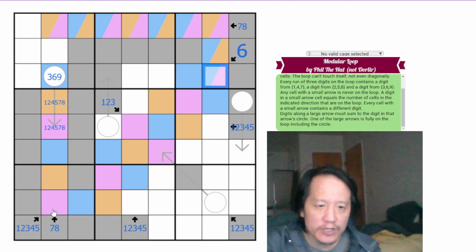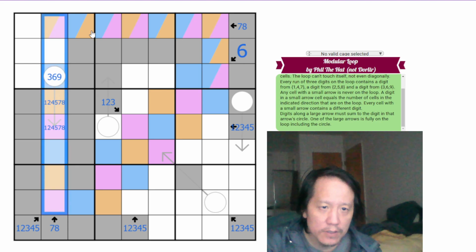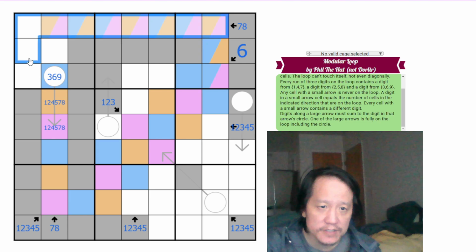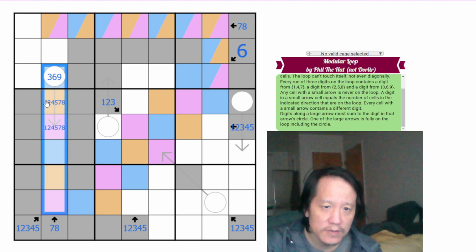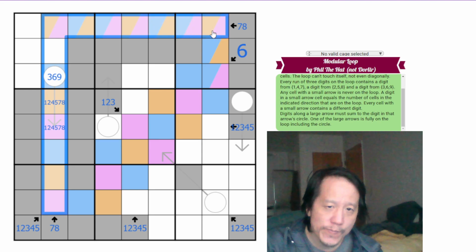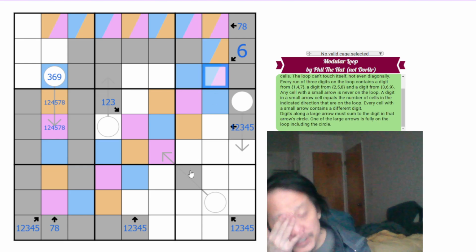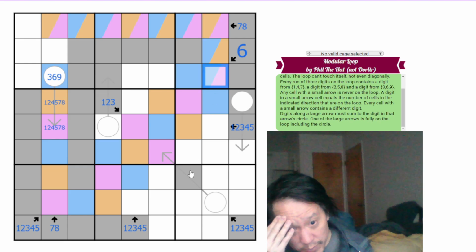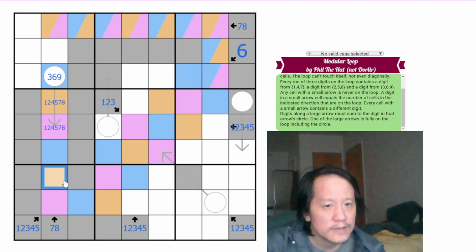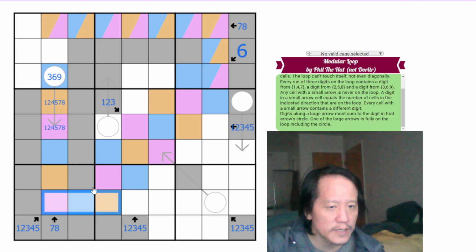Because the 8 must be either here or here, right? If this is 8, it goes down here that way. It cannot double back that way. And this has to be 7. If this is 8, then this becomes 7. But the problem is this has to be orange, and then we have a problematic... It cannot double back. It has to go this way.